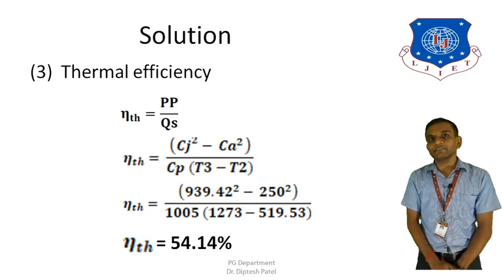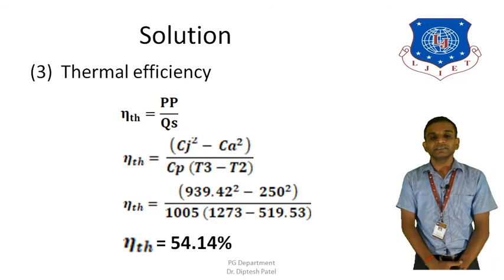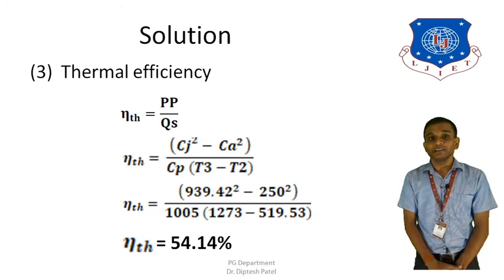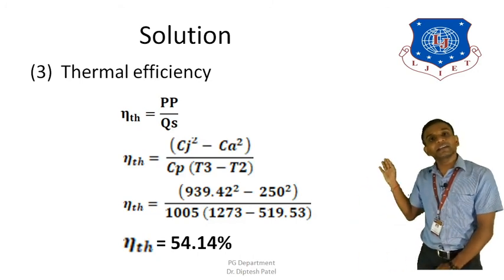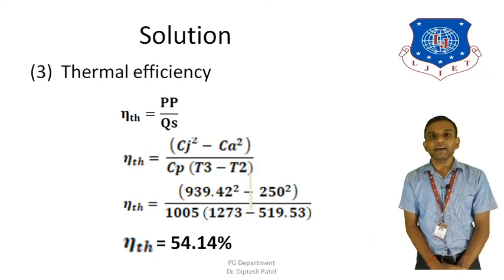So now I have the formula. I am going to put the values of all these parameters together. We know that Cj has been found, Ca is given, Cp is also given, and T3 is given and T2 has been found. So the equation would be eta thermal is equal to (939.42 square minus 250 square) divided by 1005 into (1273 minus 519.53), right.